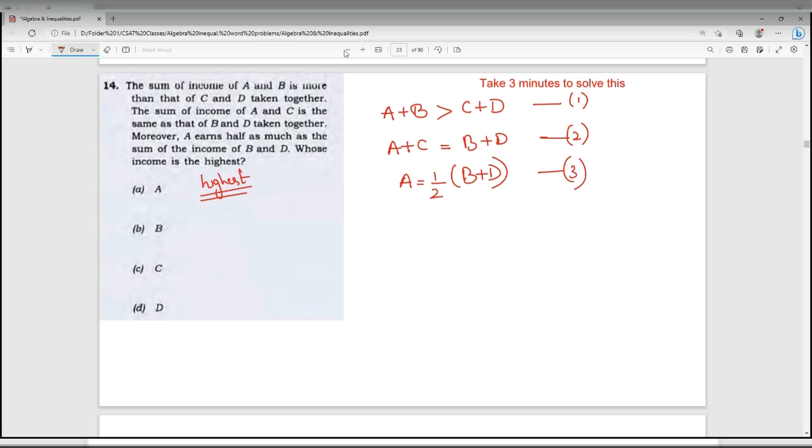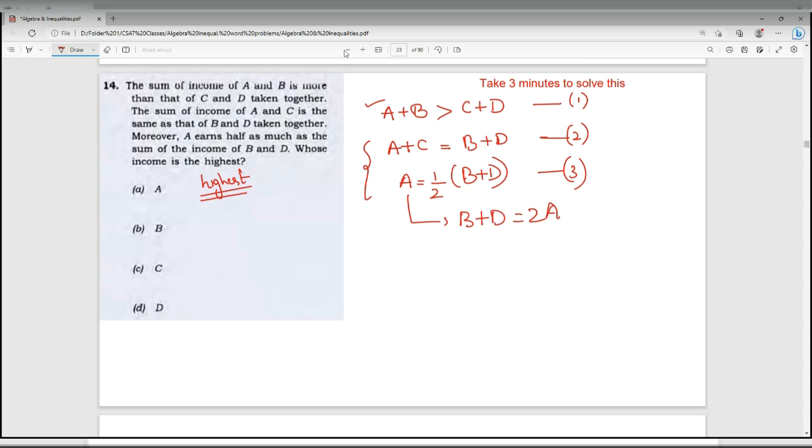Now, with these three equations, or this inequality and these two equations, we need to find which variable is the highest. We can see from these two, there is B plus D here, and here A is half of B plus D. So we know that B plus D is equal to 2A.